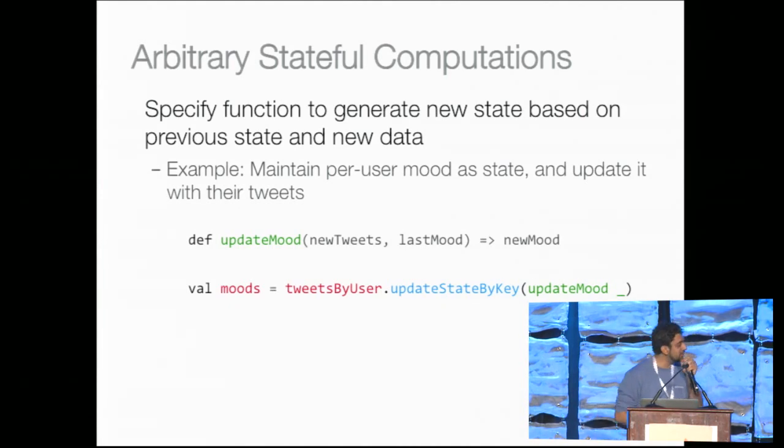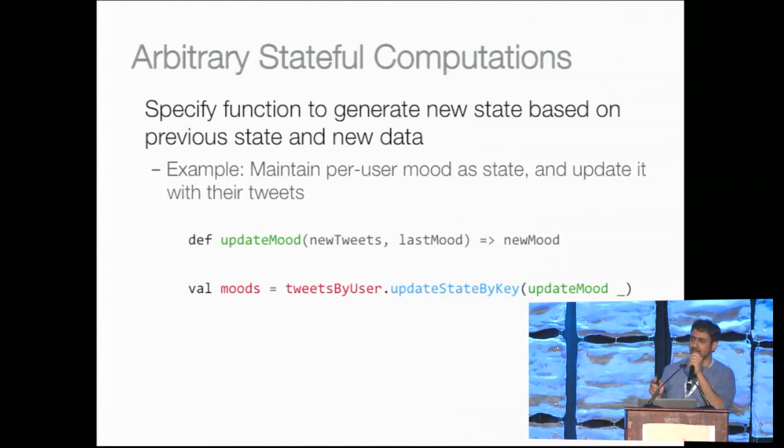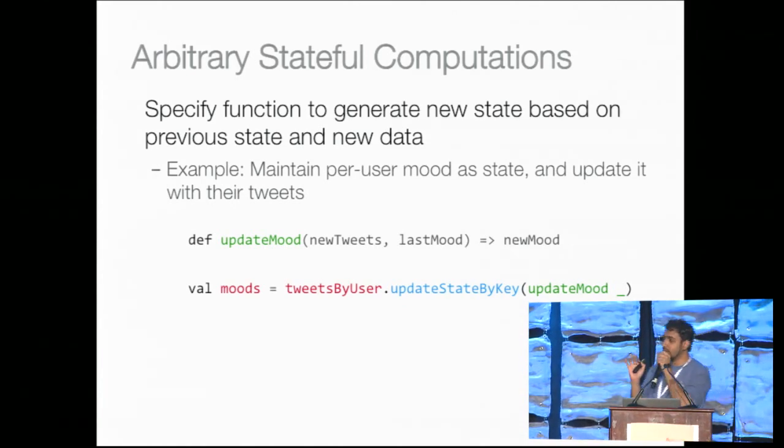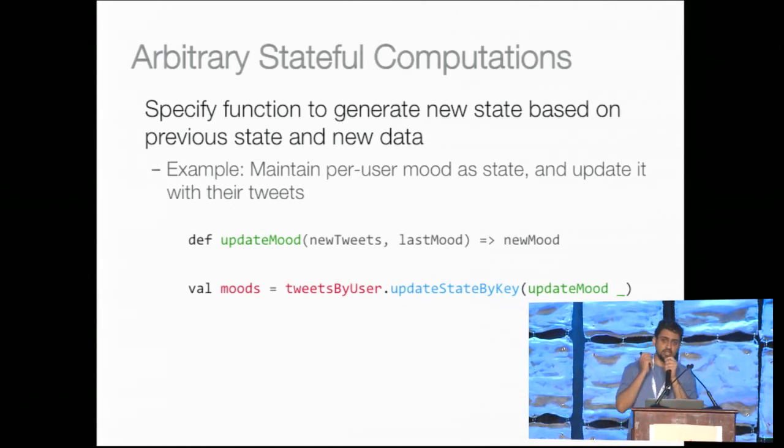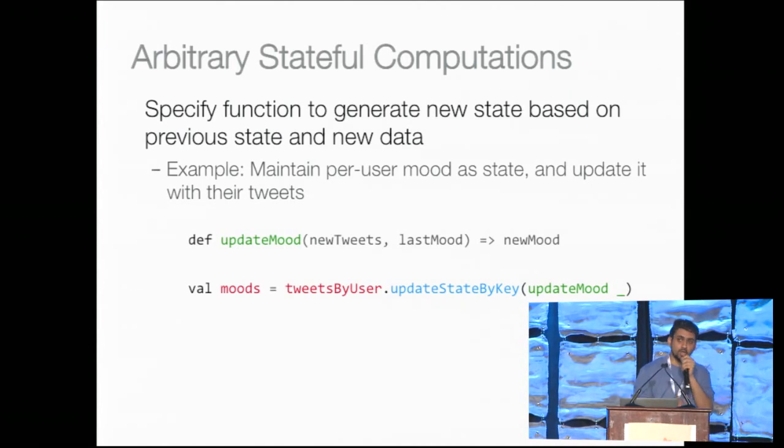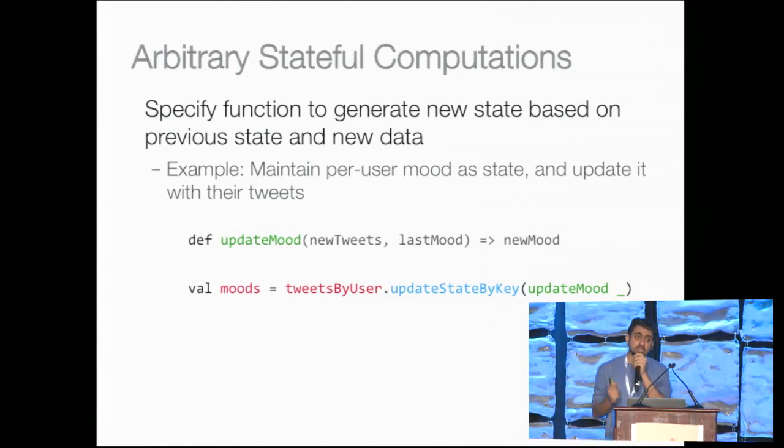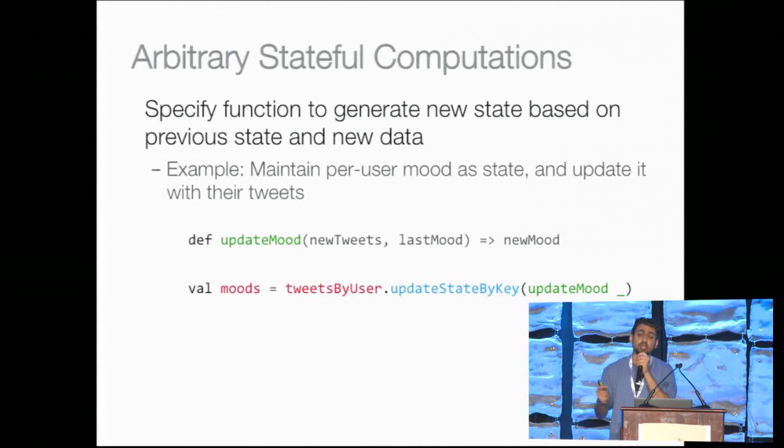I know it sounds creepy, but to do that, all you need to do is define a function called updateMood, where given the previous state of the user and the new tweets from that user, you can calculate the new mood the user is in.